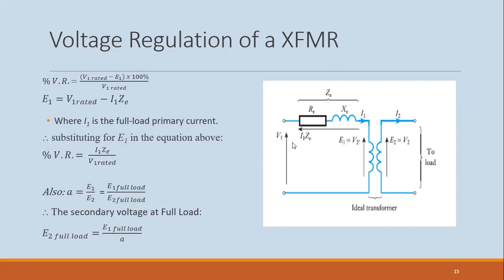So how the regulation is actually done is that you have a device that can adjust the amount of windings that are connected to the supply, right? And that is called an automatic voltage regulator.